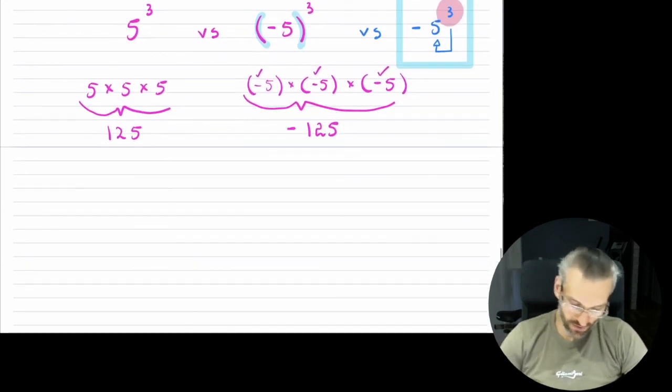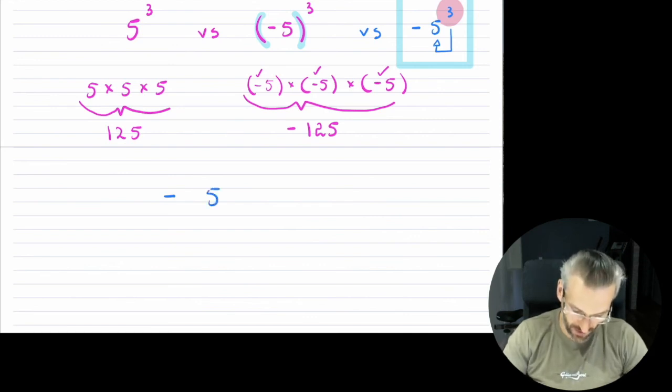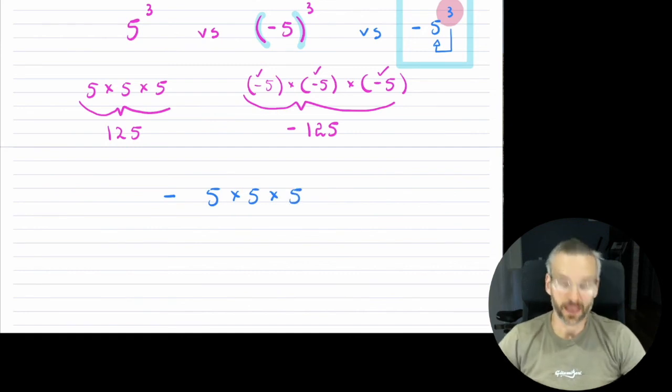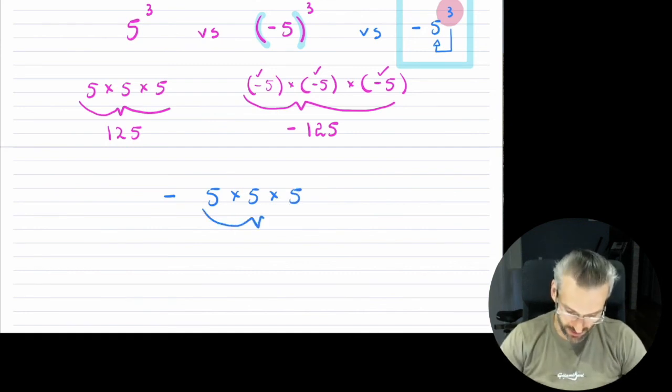So what that would mean is you would have a negative, and then you have 5 to the power of 3. So this would mean 5 times 5 times 5. And now we already know what this is. This is 125. And so that negative will still stay in front.